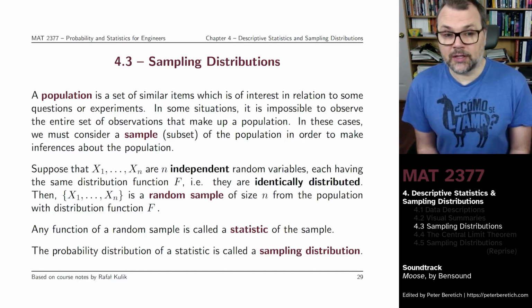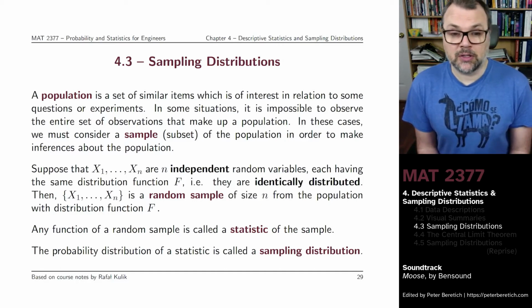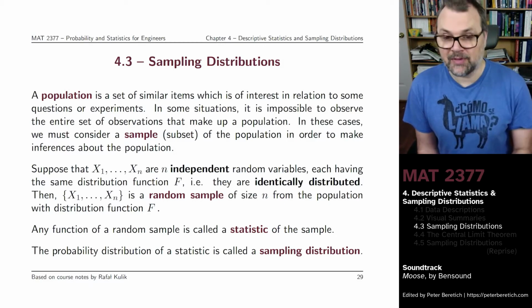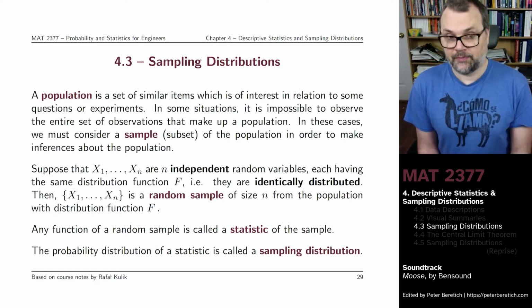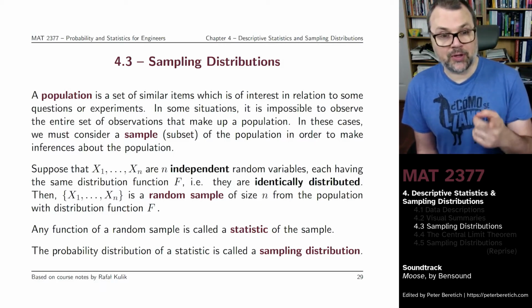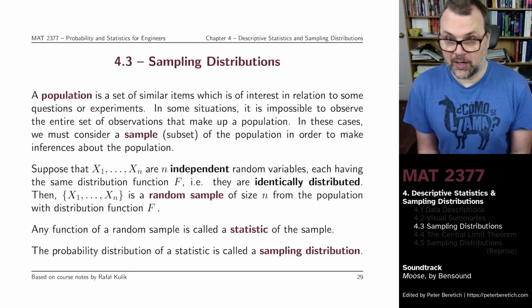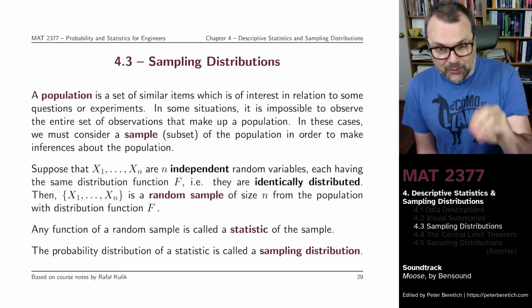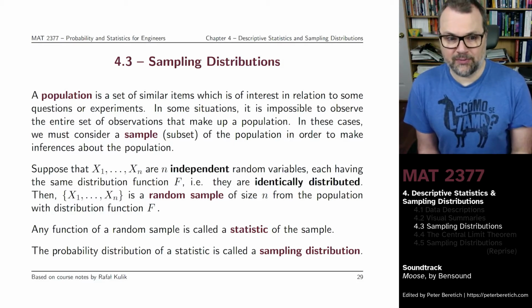So we're going to consider X1 all the way to Xn as n independent, and this is important, independent random variables, and each of them will have the same distribution F, say. That means that they're identically distributed. Now notice here we're using uppercase letters to describe the random variables themselves. Lowercase letters will be reserved for observations of the random variables.